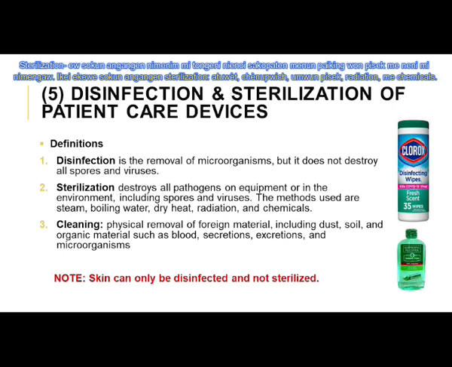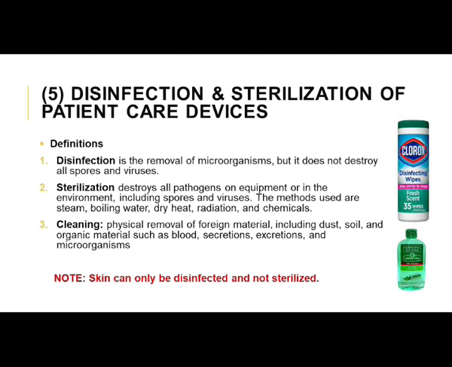Sterilization is an ideal way that we can use, and it destroys all pathogens on any equipment or the environment, and it also can kill spores and viruses. The methods include steam, boiling water, dry heat, radiation, and chemicals.